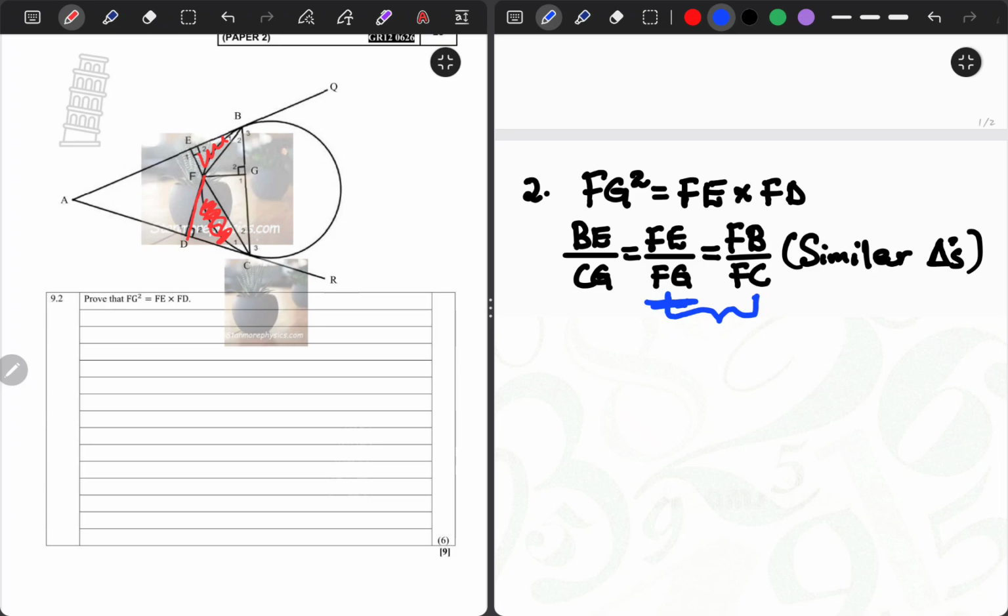Right? This is a smartness question. So what can I deduce here?